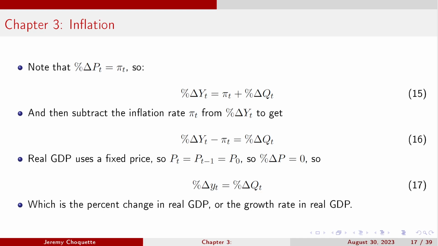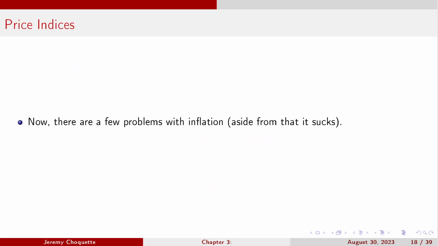So you could sort of think of it like the percent change in real GDP is the growth rate in real GDP. So when we're looking at equation 15, if you have a 0 inflation rate, then this percent change in YT over here becomes the percent change in real GDP. All right, so really the percent change in real GDP is this percent change in output or quantity, like the real things that are actually produced.